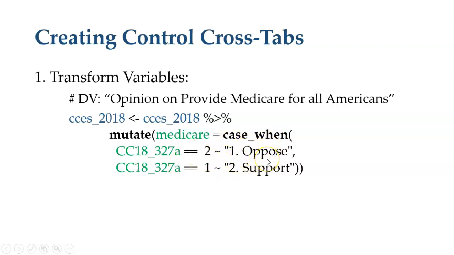If this variable, CC18 327A has a value of 1, so Medicare is going to take the value of 2 support. Okay?